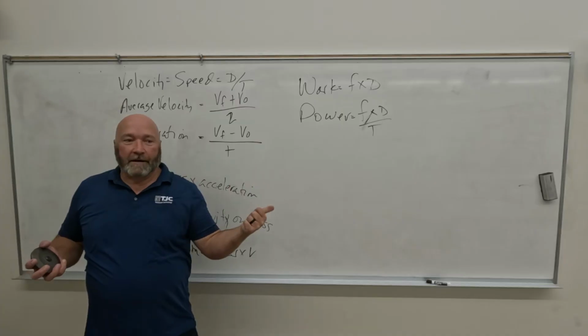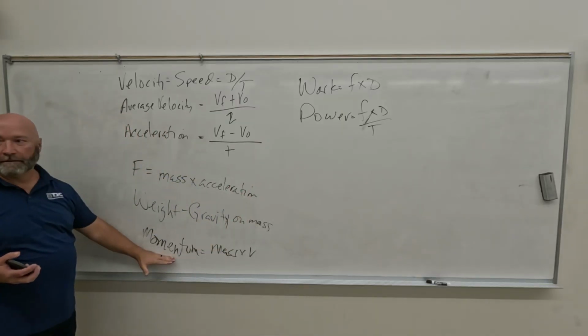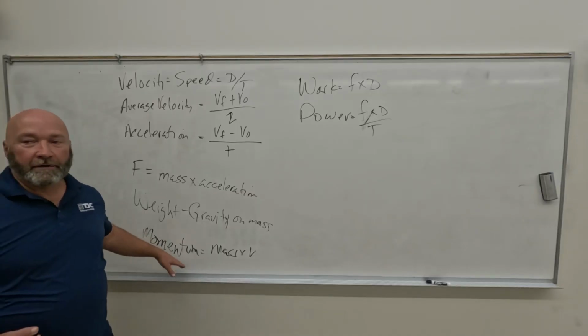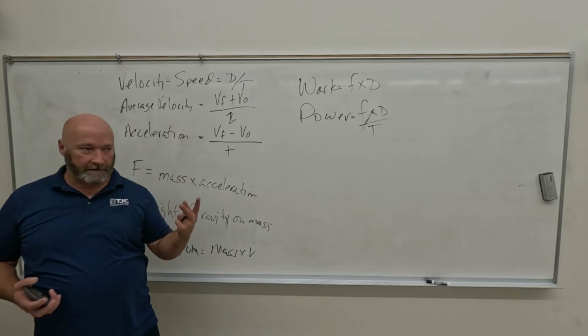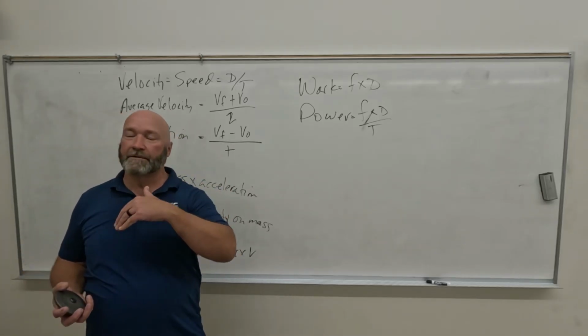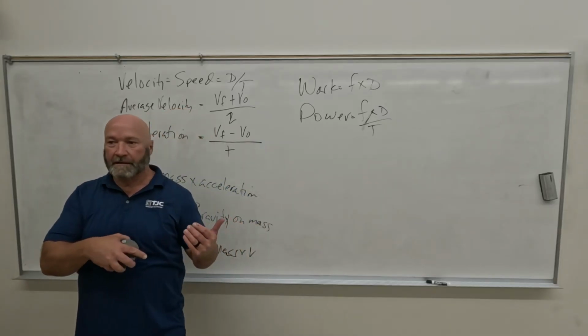In order to dislodge those electrons, we have to have enough momentum to knock them out of place. If we have enough momentum, we make x-rays in 2 different ways. One is just because the electron slows down, and the other is because we knock those electrons out of place.